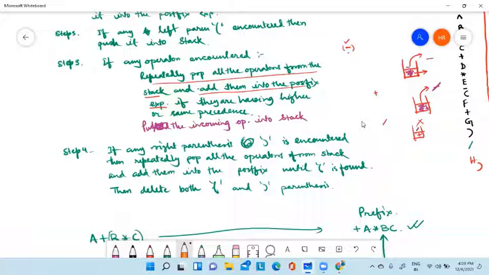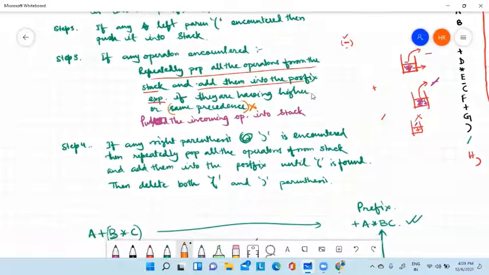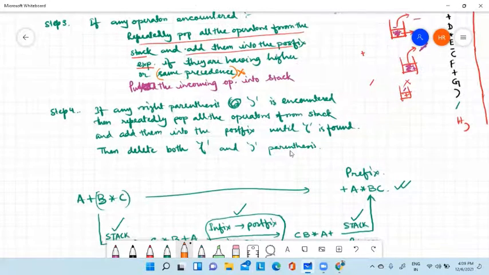Here, in case of infix to postfix, what is written? If any operator is encountered, repeatedly pop all the operators from the stack and add them into the postfix expression if they have higher or same precedence. So just delete this part. This part will not be here if you want to perform infix to prefix conversion.